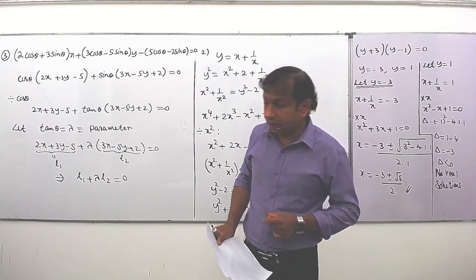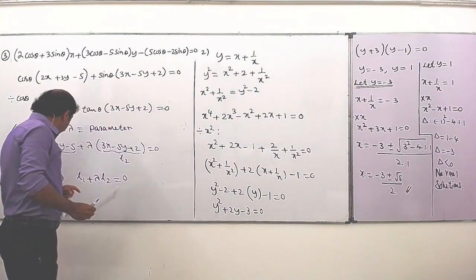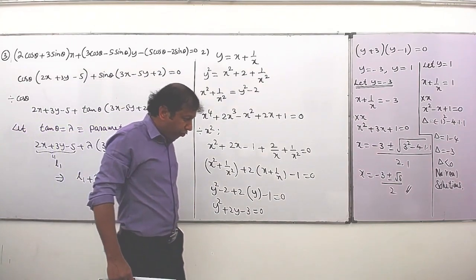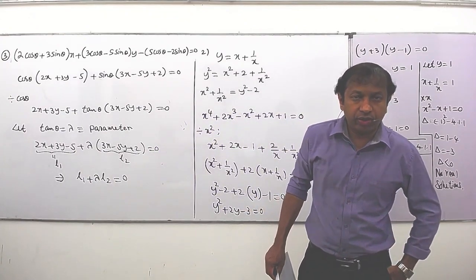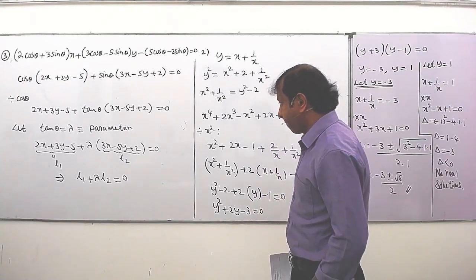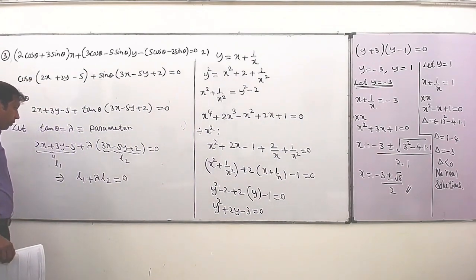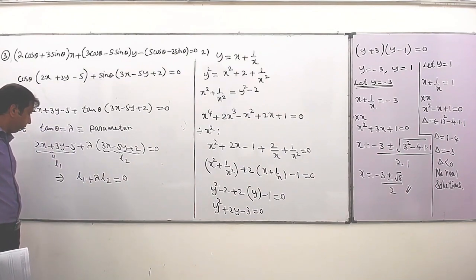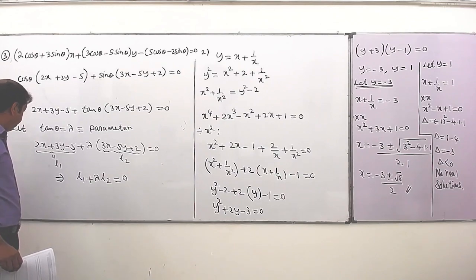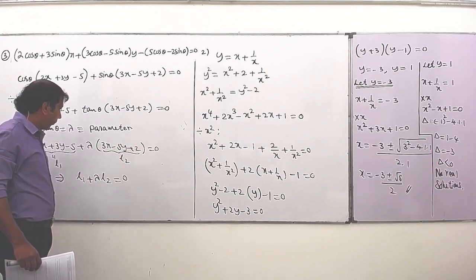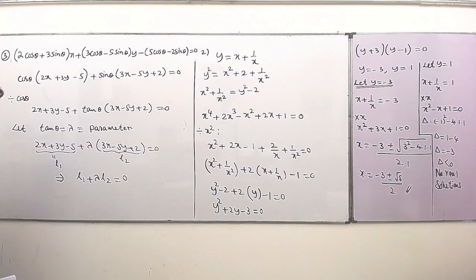Understand? Then you can write: this represents an equation of a variable straight line passing through the point of intersection of the two lines 2x plus 3y minus 5 equals 0 and 3x minus 5y plus 2 equals 0.